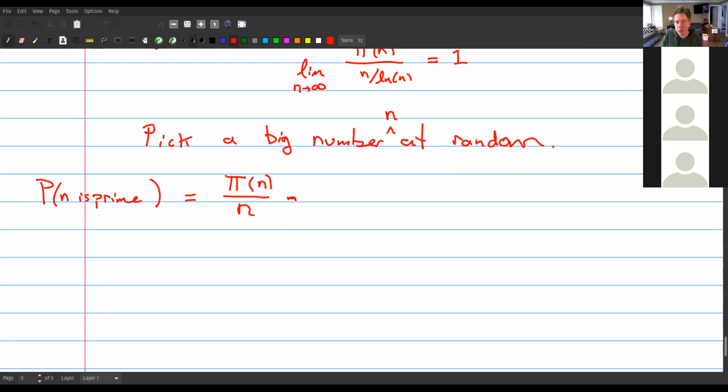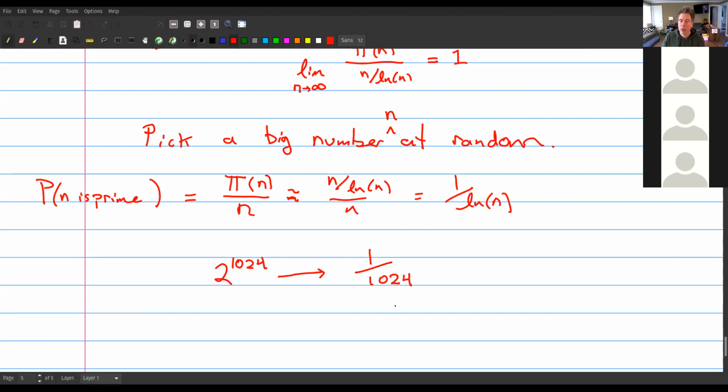Using the prime number theorem, we can write this as n over natural log of n divided by n, which is 1 over natural log of n. So if you pick a big number at random, the probability that it's prime is like 1 over its log. For numbers near 2 to the 1024, the probability that a randomly chosen number is prime is roughly 1 over 1024.